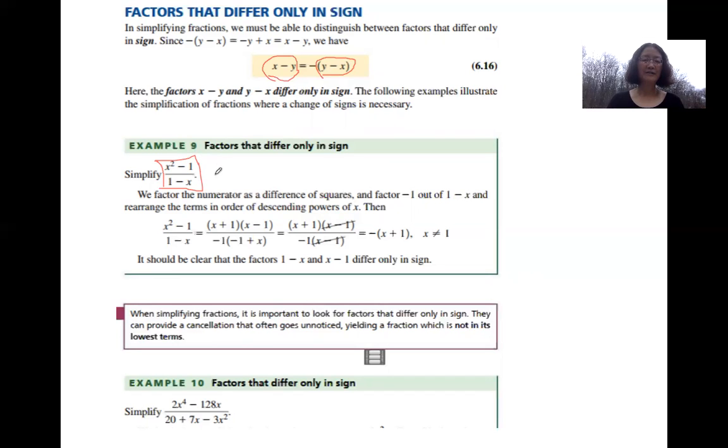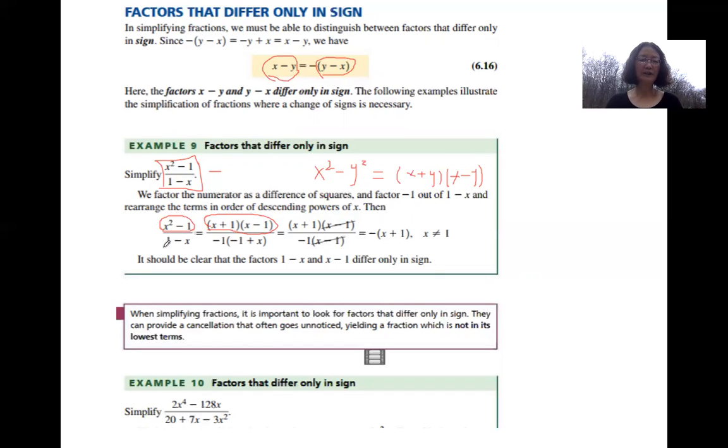For this one, on the numerator, x squared minus 1, we can use this formula. If you have, for example, x squared minus y squared, if you factor this, it is x plus y bracket multiplied by x minus y. Applying this to the numerator x squared minus 1, you get x plus 1 multiplied by x minus 1.